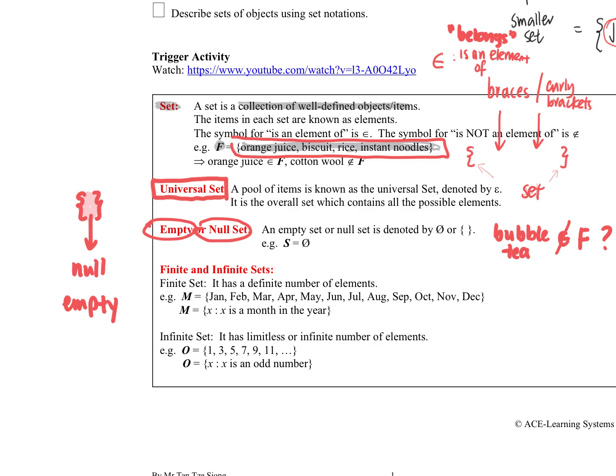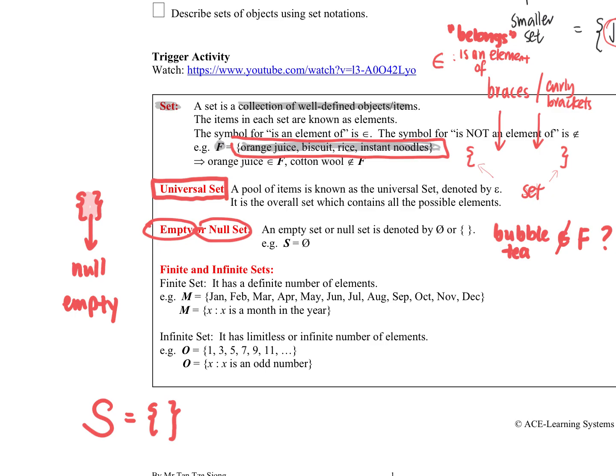So for example, I want to define this set S to be the number of people who love math in this class. Then I say cannot find, right? So now, there's nobody that I define in 4B that can fall here unless you're lying to yourself.